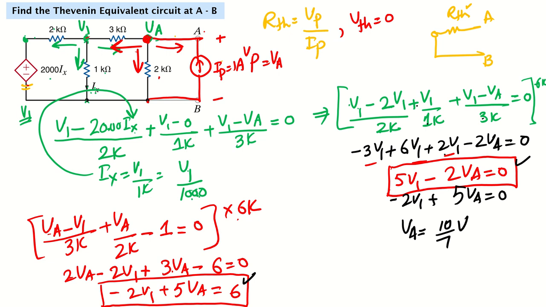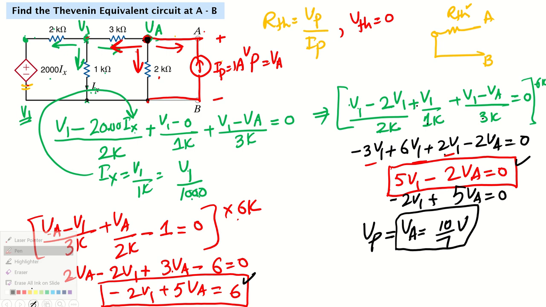VA is our desired voltage. You can also get V1, but I'm not writing it here because our focus is just VA, because VA is the same voltage as VP. So we got our desired VP here.